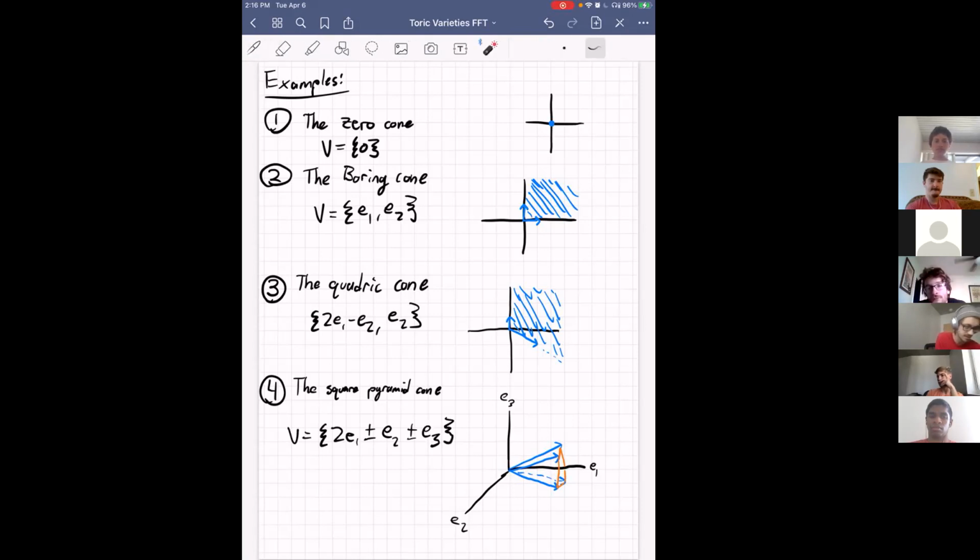What does that mean? That means I'm going up and over 1, and then this way was 2, or I'm going over 2, up and towards 1, or over, up, and away 1. So I have this square that's centered about the x-axis, and that square is 2 units away from 0, and I'm just taking the vertices of that square and using those to generate my cone.